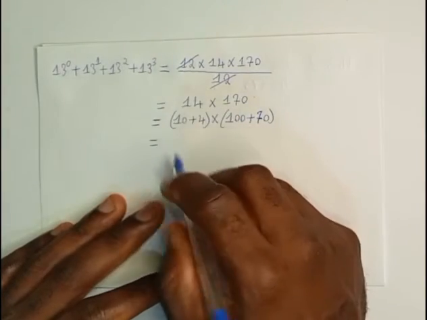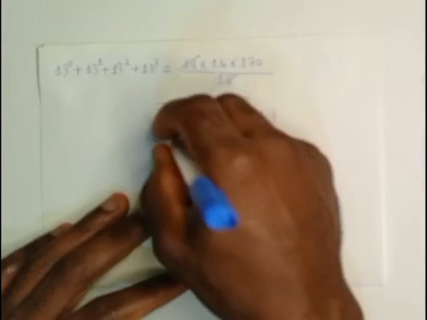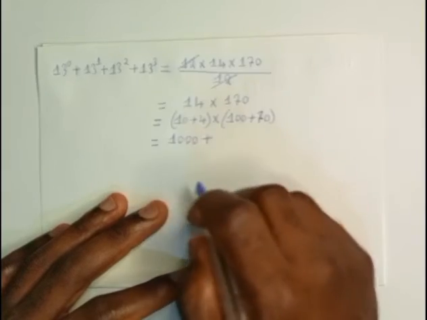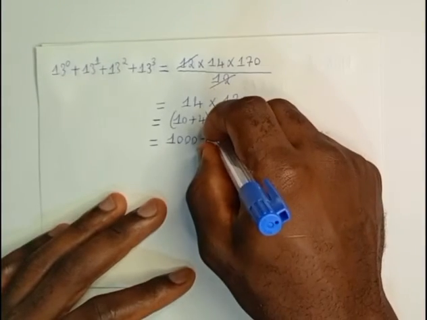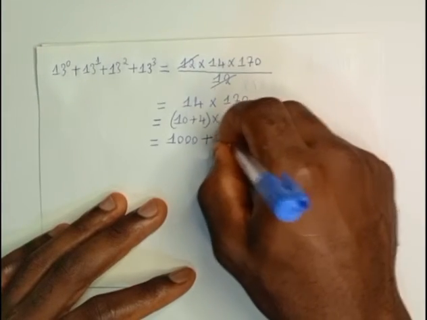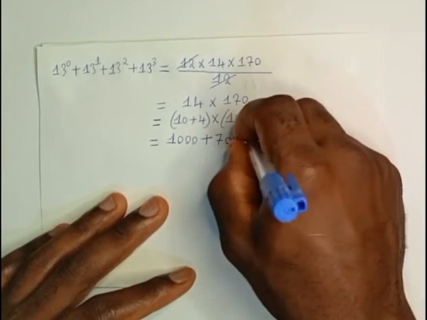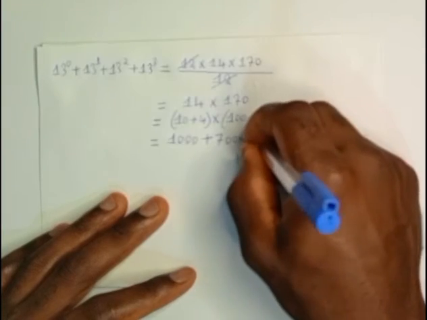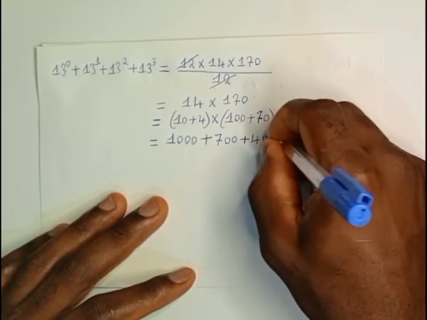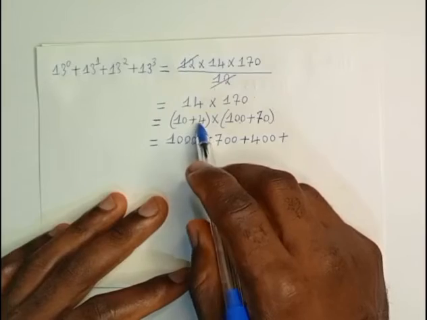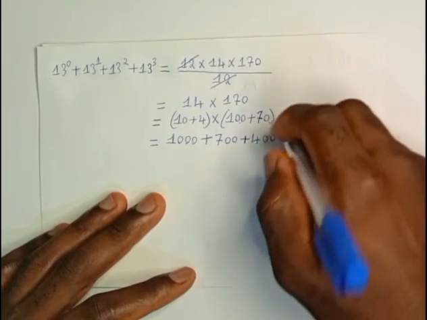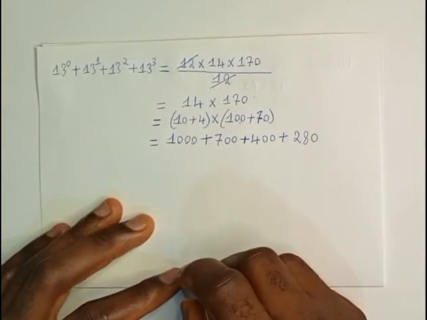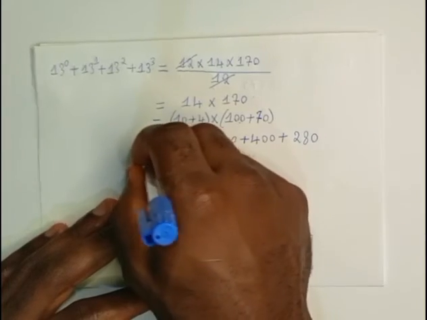This will simply be equal to 10 times 100 gives us 1000 plus 10 times 70 gives us 700 plus 4 times 100 gives us 400 plus 4 times 70 gives us 280.